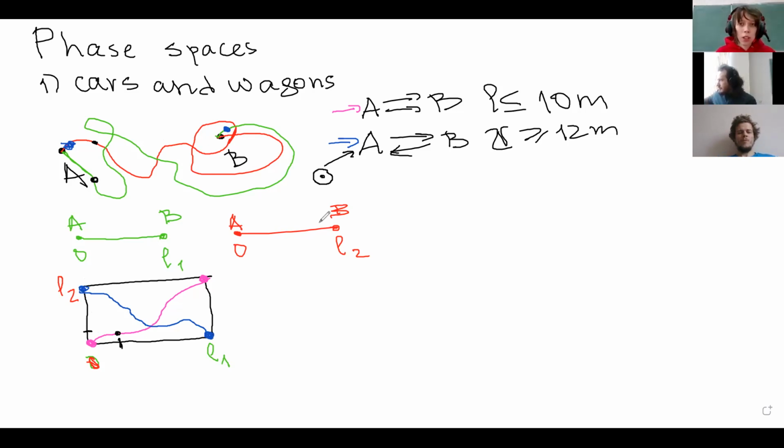And if there is an intersection point, what does it mean? You see our two curves intersect.